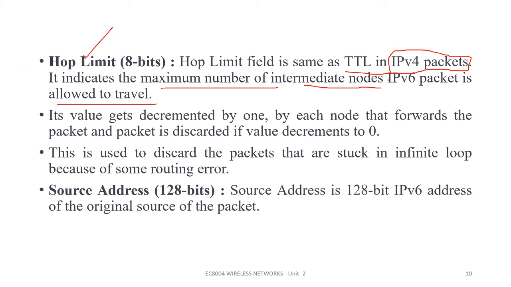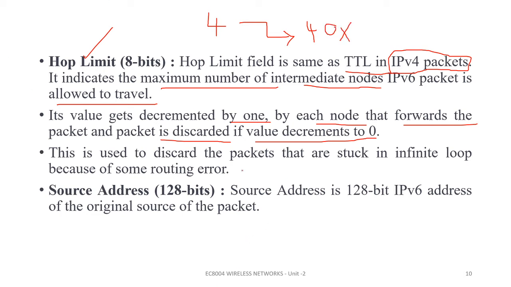Its value gets decremented by 1 by each node that forwards the packet, and the packet is discarded if the value is decremented to zero. If I'm going to have 4 hops, after the fourth hop my value is decremented to 0 and it is terminated.